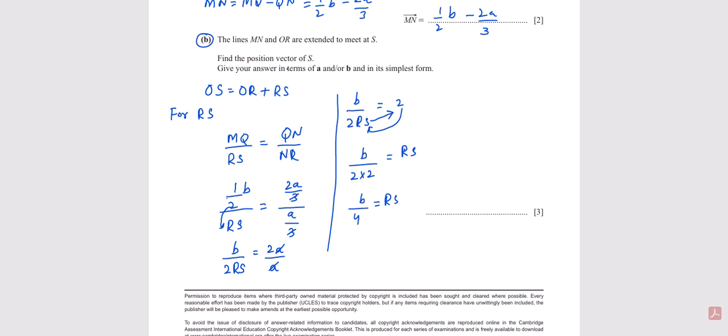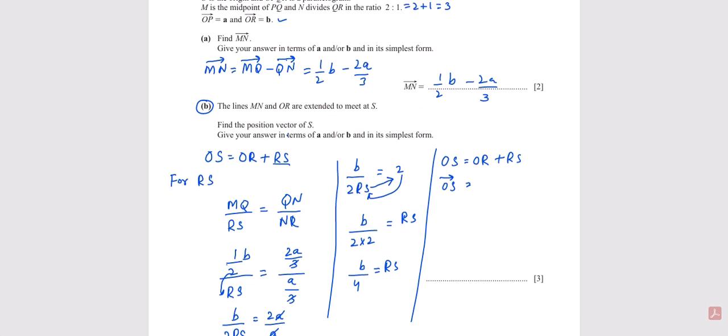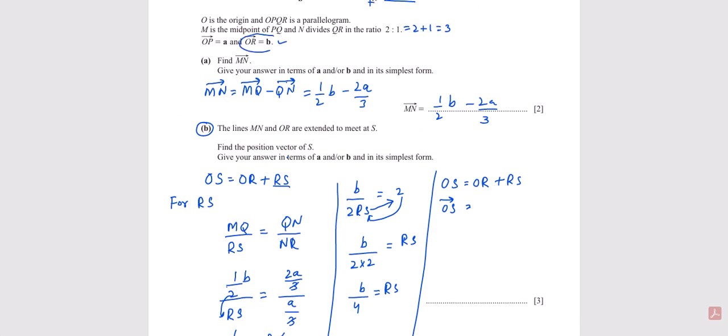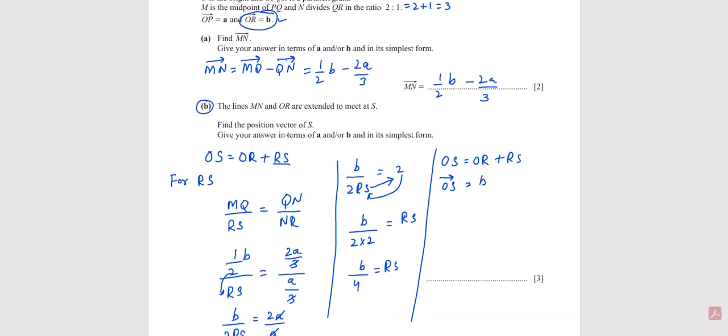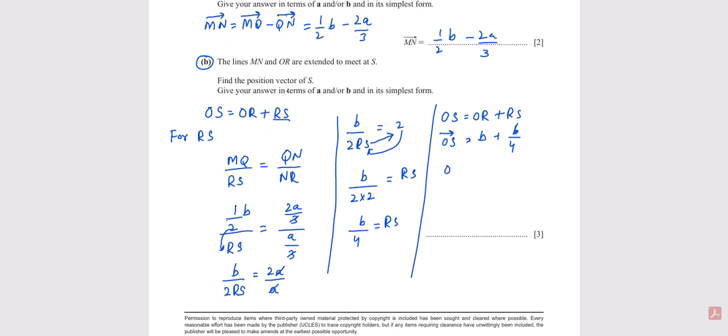So put this RS in this formula. OS is equal to OR plus RS. OR is equal to B plus RS, B over 4.